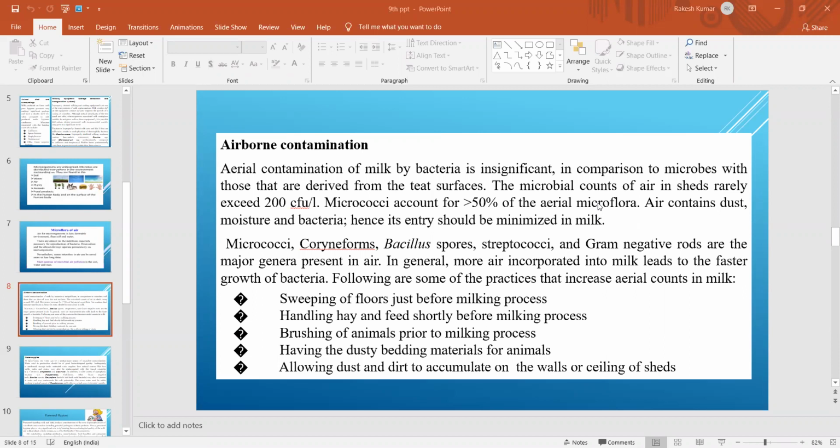You should not practice these things in your milking barn. Then brushing of animals prior to the milking process should be avoided. Having dusty bedding material for animals is not good. And at the same time, allowing dust and dirt to accumulate on the walls and ceiling of sheds is also prohibited. So if you are doing these practices, automatically you are responsible for adding some number of microbes to your system. So you should avoid these practices before milking.